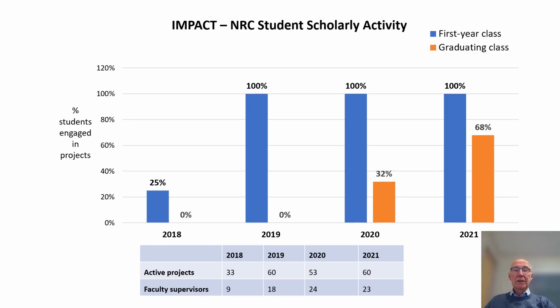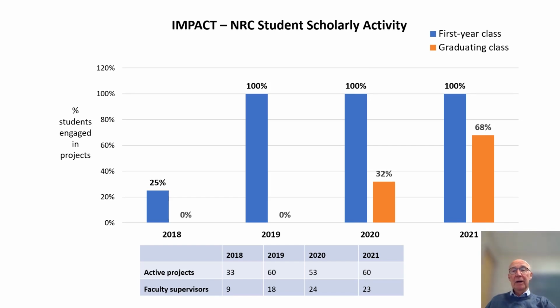This slide shows that over the previous years there was not much participation until we got this going, and in the first year in 2019, the first year class, we had all of them involved, but not the graduating class. But this increased to 68% for the graduating class in the 2021 year.